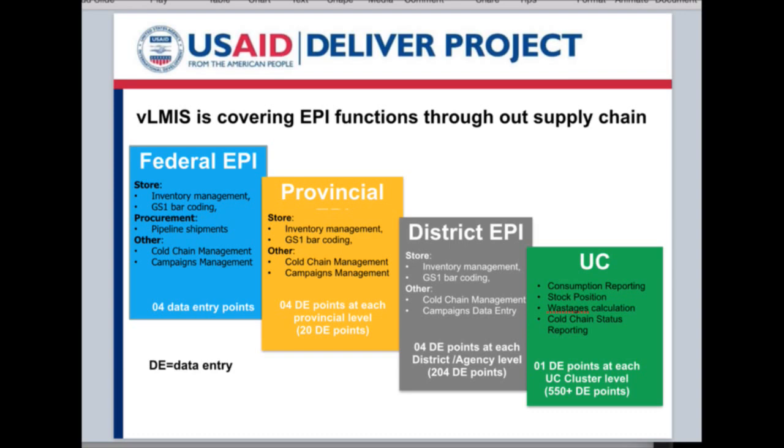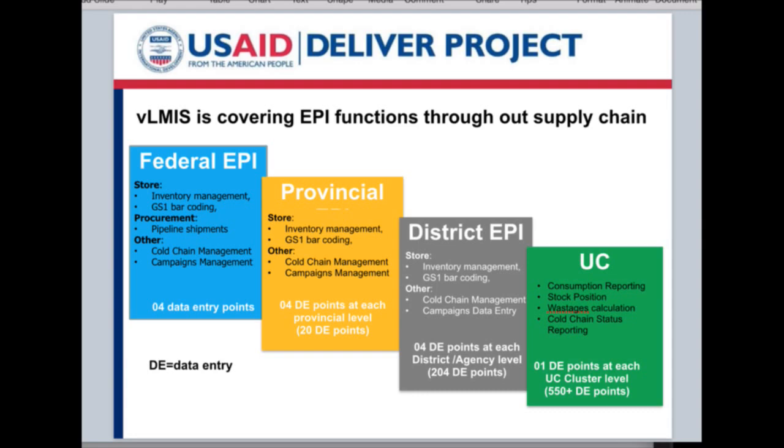For example, at the federal EPI and provincial levels, there are inventory management, GS1 barcoding, pipeline shipment, cold chain management, and campaign management. At the district level, inventory management is present, and barcoding is present for a few districts. At the UC level, there is only consumption reporting.